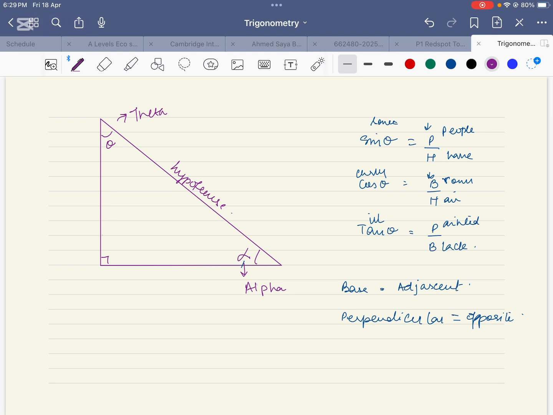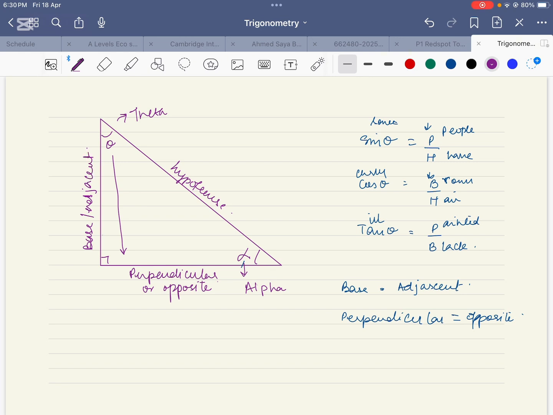So the side directly in front of theta will be known as perpendicular or opposite, and the side where the angle is made is called the base or adjacent. Both of them are the names of the same side.